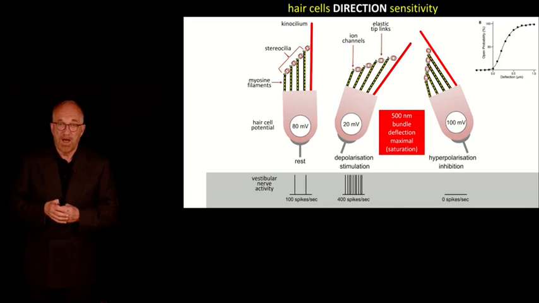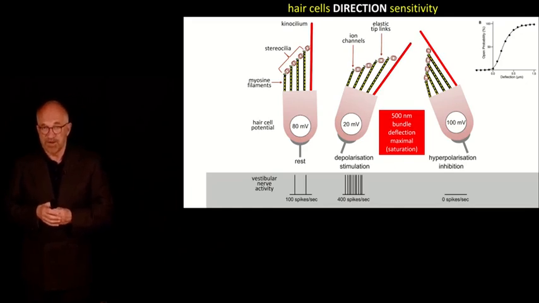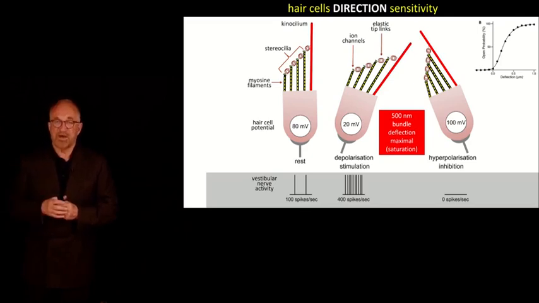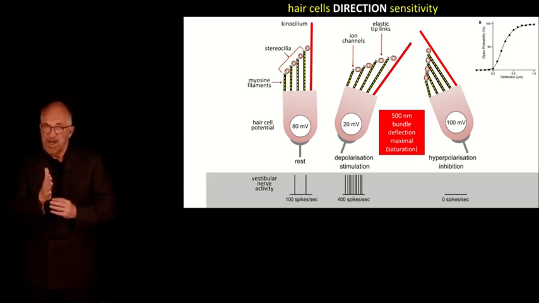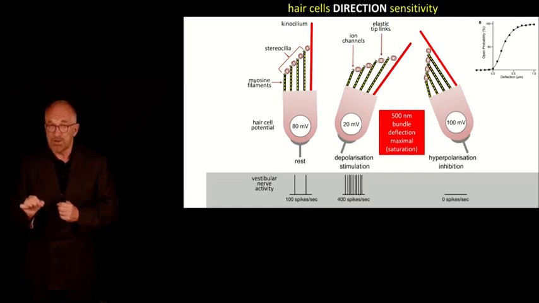So they go from 100 spikes per second to 400 spikes per second. If they move in the opposite direction, so in a way that the ion channels close, then everything goes back to 0 spikes per second. Now you can see here that the increase from 100 spikes per second in the nerve fibers to 400 is much larger than the decrease down to 0.